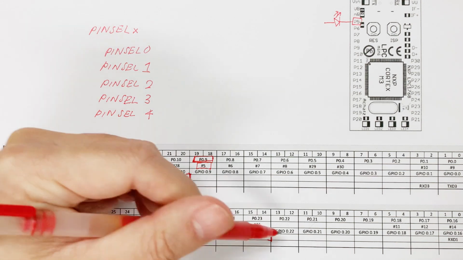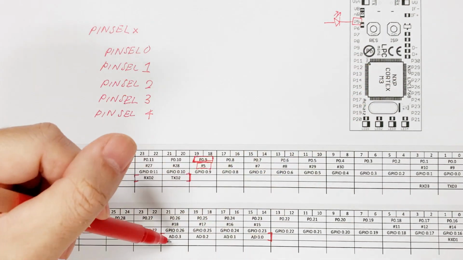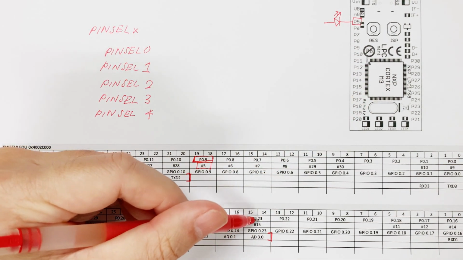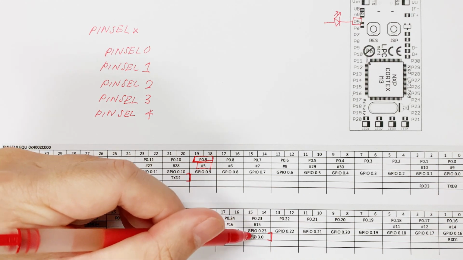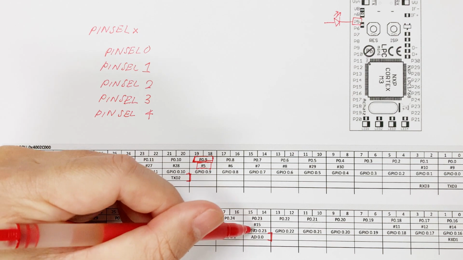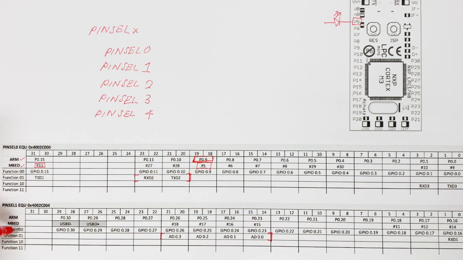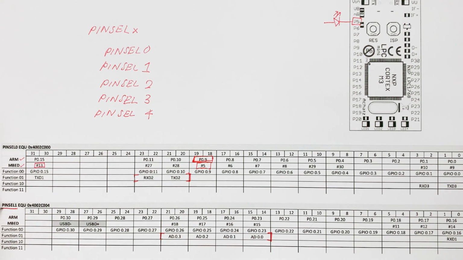In order to tell our Cortex-M microcontroller that we would like to use port 0.23, for example, as an analog input instead of digital input output, we have to set the value of function 01 instead of 00 in the pin select 1 register.